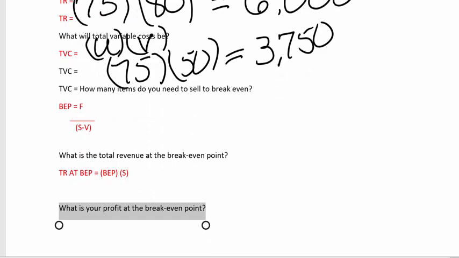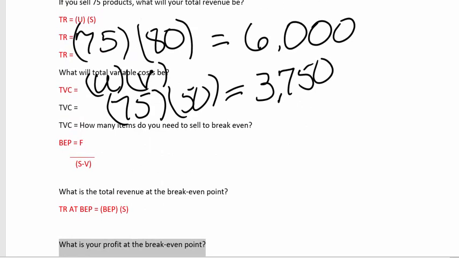The next thing that we'd want to do is figure out how many items do you need to sell to break even. At the break even point, that's where we're not making a profit, but we're not losing money. It's simply just that. How many units do we need just to break even?